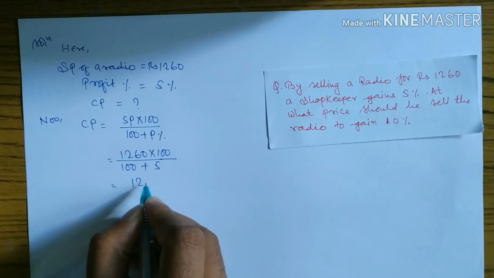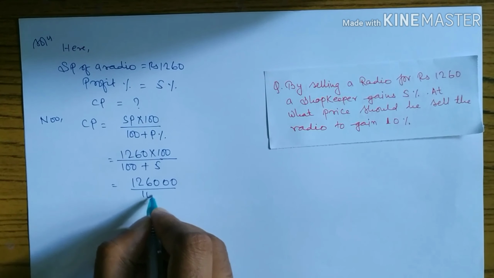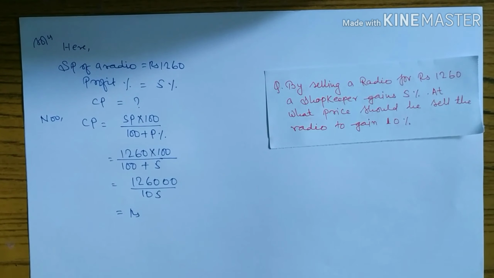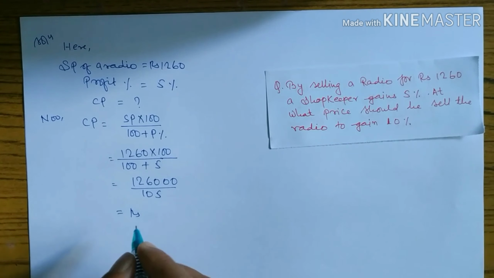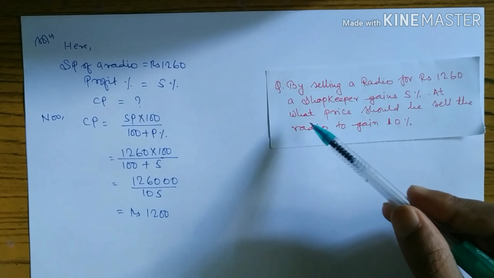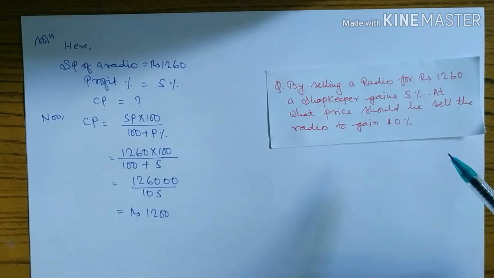Now solve this: 126000 by 105 is equal to rupees 1200. Okay, clear?